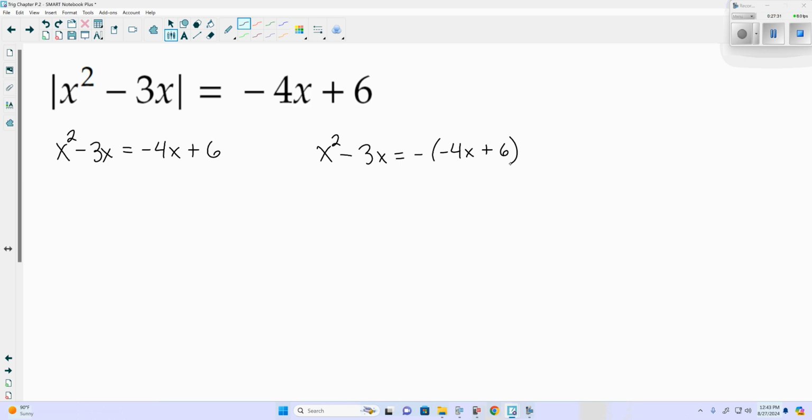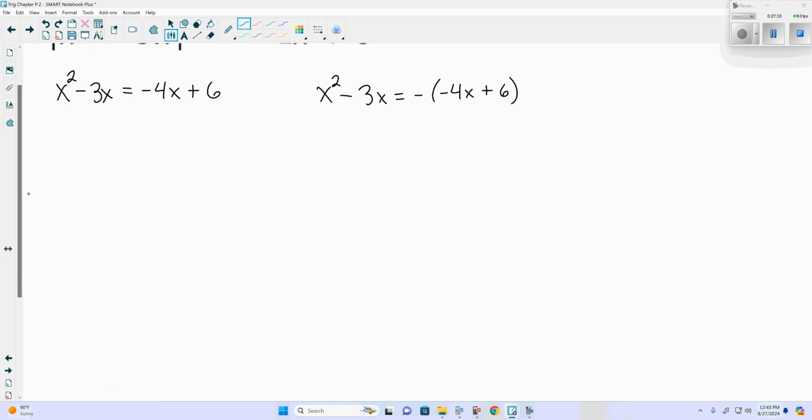Now we can look at the left one first. Our x squared minus 3x is equal to -4x plus 6. Since we do have an x squared term, we need to get this equal to 0. So we can add 4x to both sides, and we can also subtract 6.